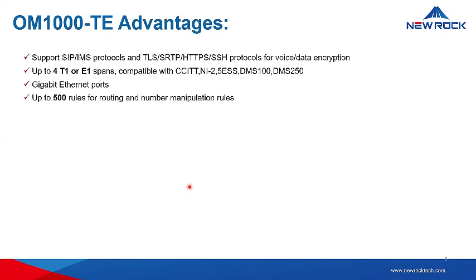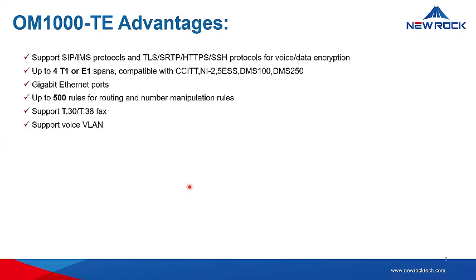Number transformation, as I have said, we can keep, remove, replace, add prefix or suffix to the number. So we can do up to 500 rules. Then we also support T30 and T38 fax, specifically high-speed fax with a maximum rate of 33.6 kbps, either T38 or G711 pass-through.